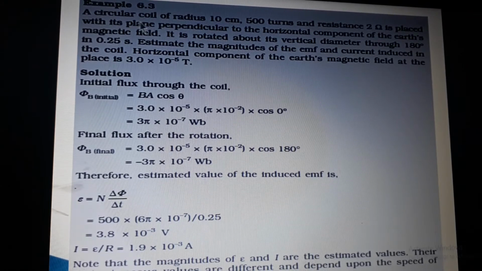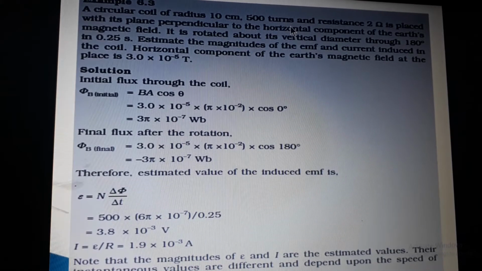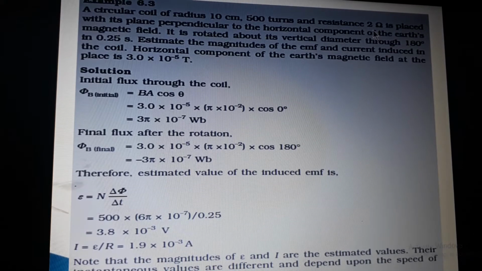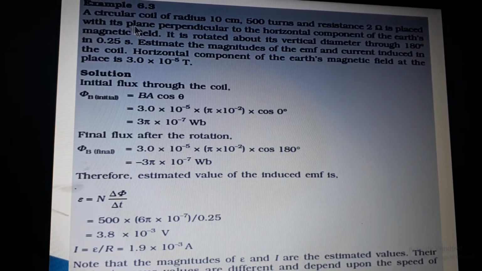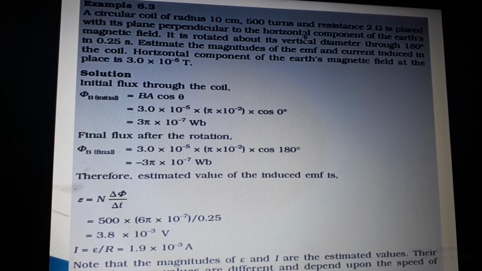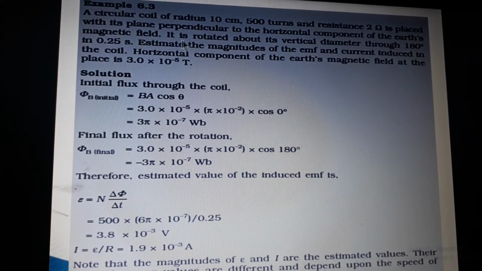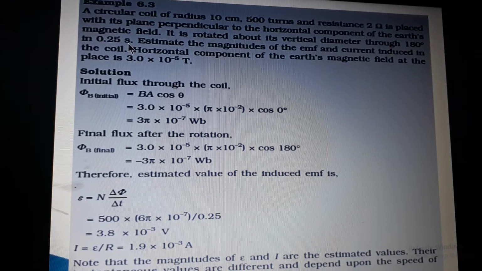A circular coil of radius 10 centimeter, 500 turns, means N is equal to 500, resistance 2 ohm means R is equal to 2 ohm, is placed with its plane perpendicular to the horizontal component of the Earth's magnetic field, and it is rotated about its vertical diameter through 180 degrees in 0.25 seconds. The time period is given as 0.25 second.